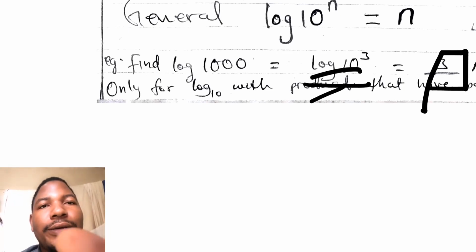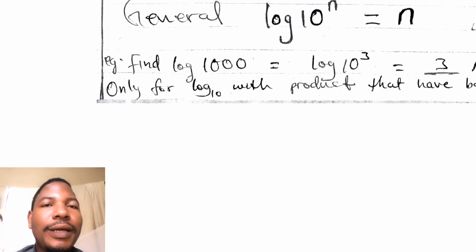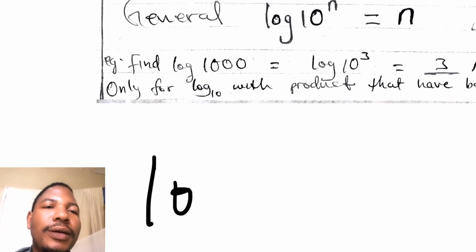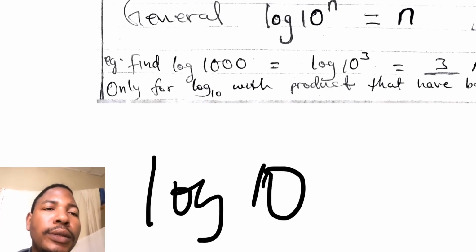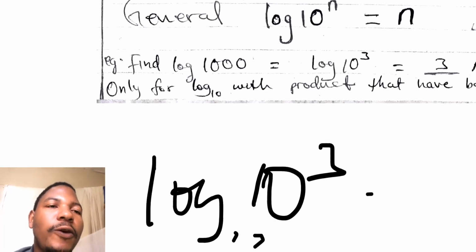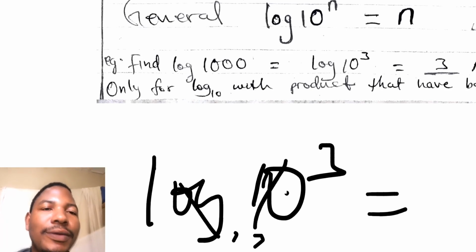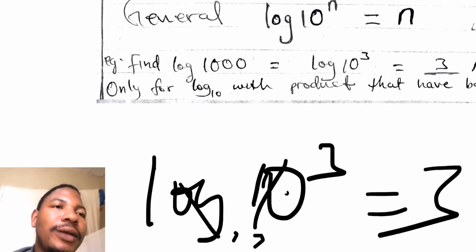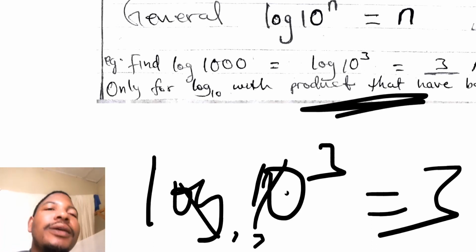It is over. It is log 10 exponent 3. It doesn't have a base here, means base is 10. This 10 is going to cancel with the log, now left with 3. That's why the answer equals 3.